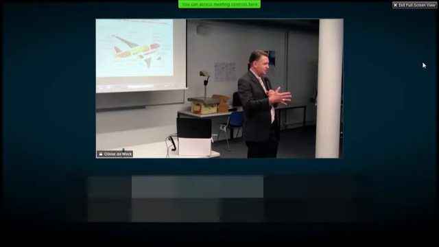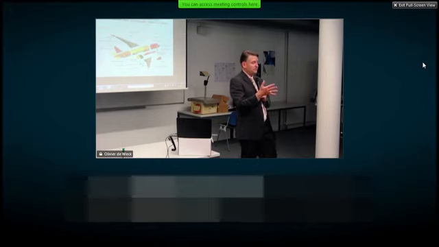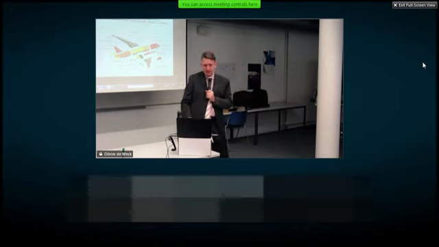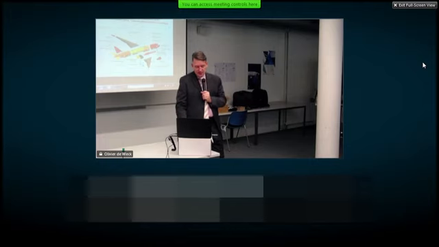Before, you got the structural sections, but then all the electricals, all the inside was done on site. So the modules are pre-outfitted with all the subsystems, and the final assembly itself is very short, only a few days. So it's a big step, and it's exactly right, it's the supply chain impact.